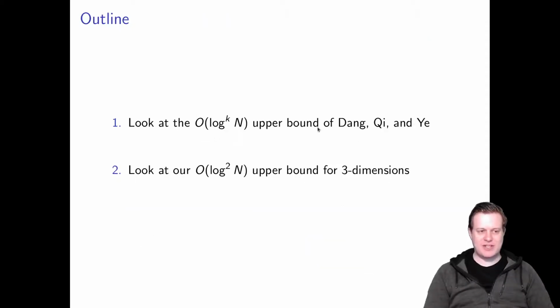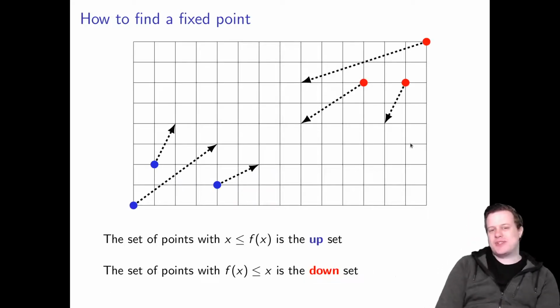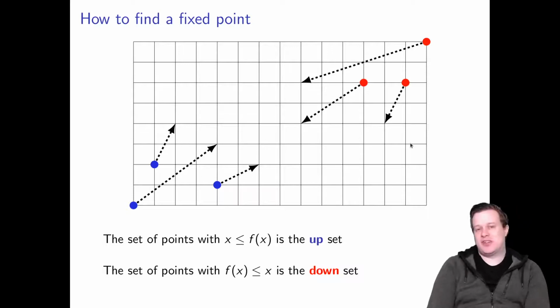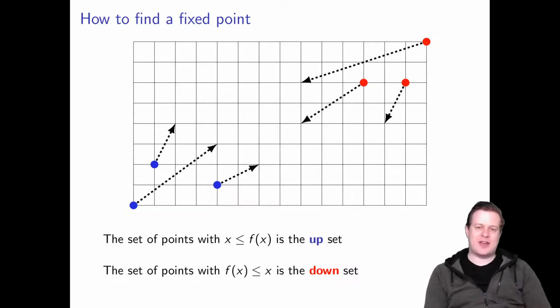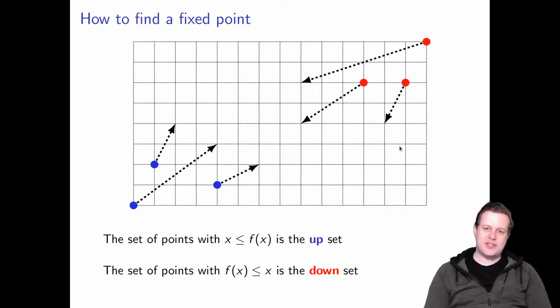So we're going to start by looking at this algorithm of Dang, Qi, and Ye. So how exactly do we find a fixed point of a 2-dimensional instance, or indeed any dimensional instance? We start just by giving a couple of definitions. So I'm going to define a set of points called the upset, and the upset contains every point that moves up according to the partial order.